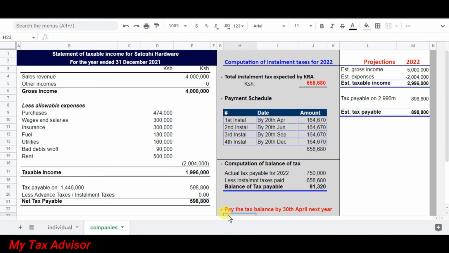Don't confuse those two. So again, for the company, in the month of April, you have two taxes to sort. First one is the first installment tax for 2023, and the other one is the actual tax, the balance of tax. So you need to sort those two.